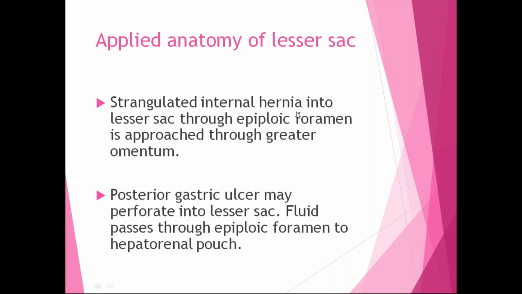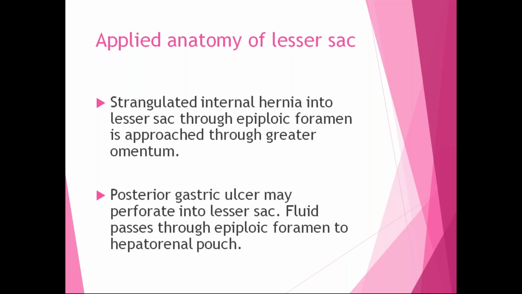If you see the applied aspect related to the lesser sac, a strangulated hernia may be there in the lesser sac, so that is approached only through the greater omentum. The reason is that the right free margin of the lesser omentum contains important structures: the bile duct, portal vein, and hepatic artery.